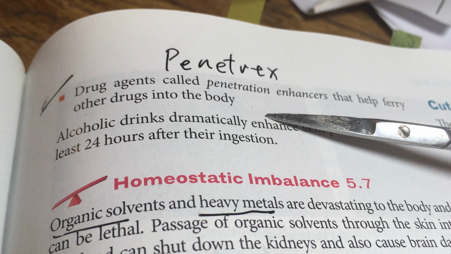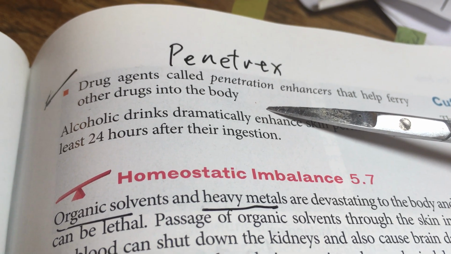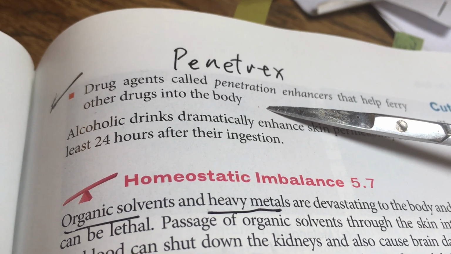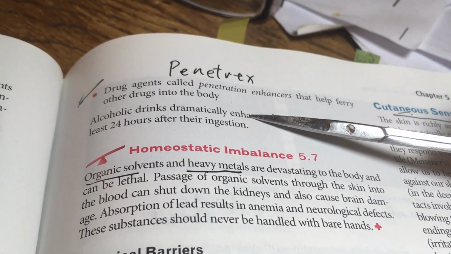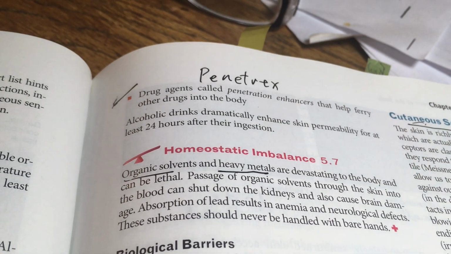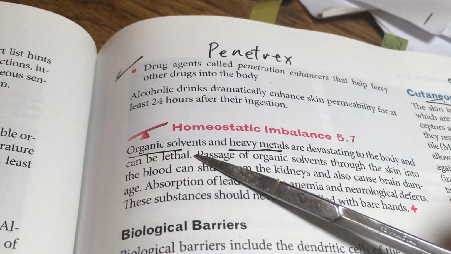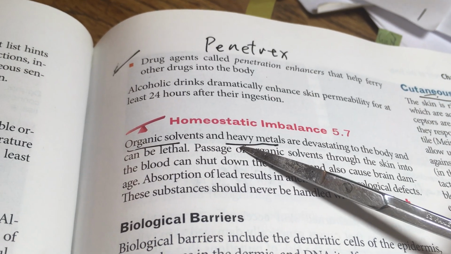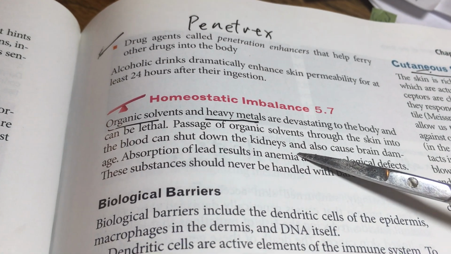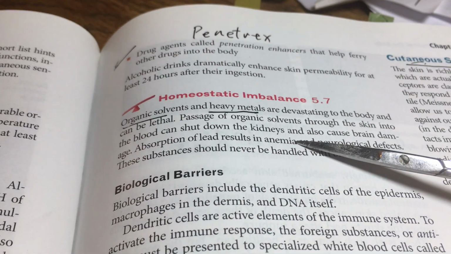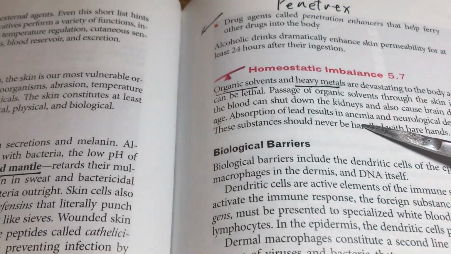It turns out that aspirin and ibuprofen do cross the skin barrier. With the assistance of Penetrex, it worked even better. Okay, so we have to watch out for organic solvents. Remember, paint thinner and heavy metals like lead can actually give rise to lots of pathology, ultimately.